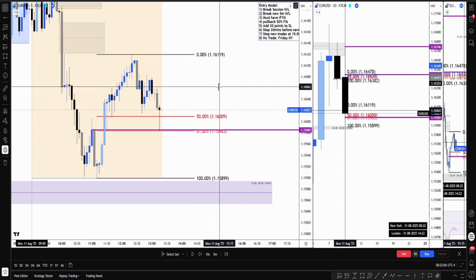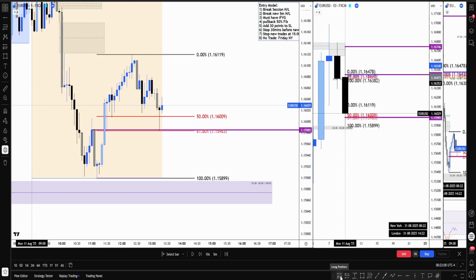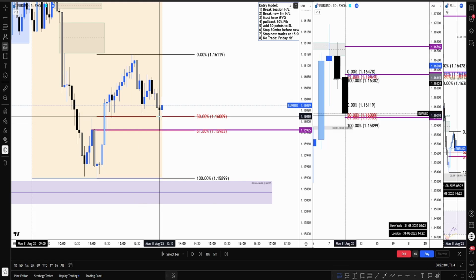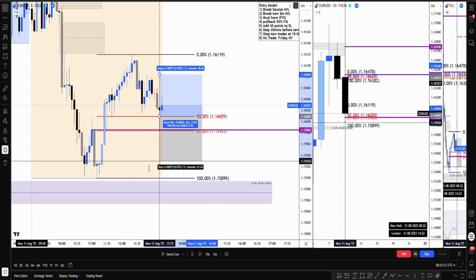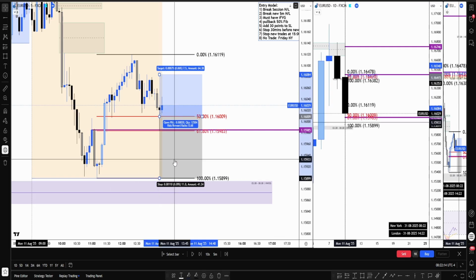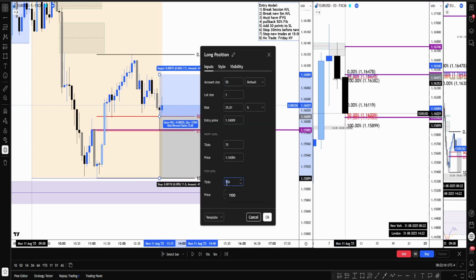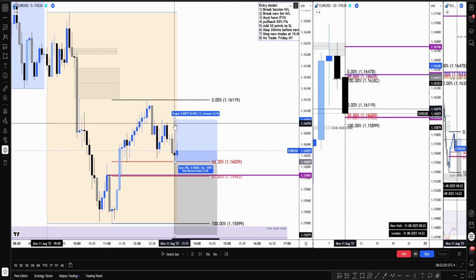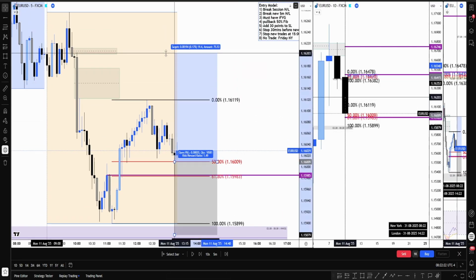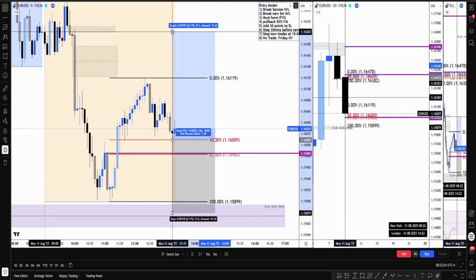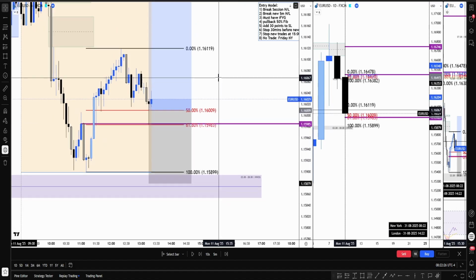Much better. So basically, we entered this trade. We add 30 pips, 1.5. That's close enough. It's fine.